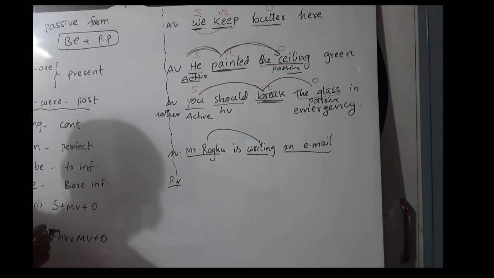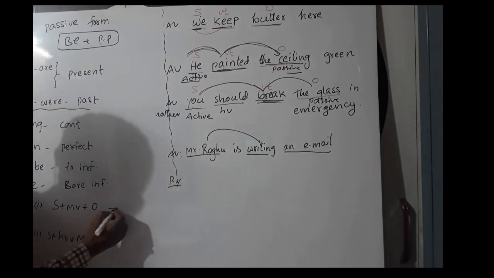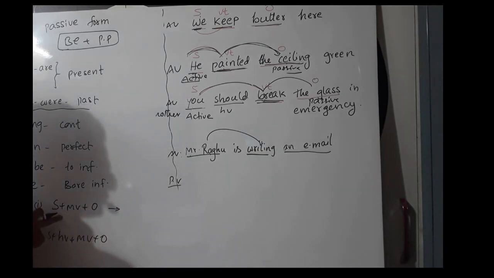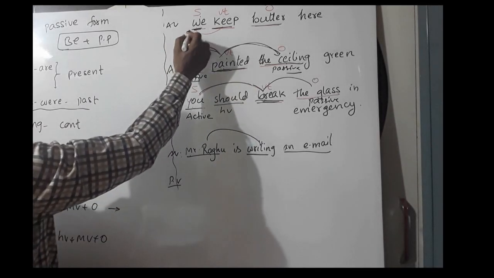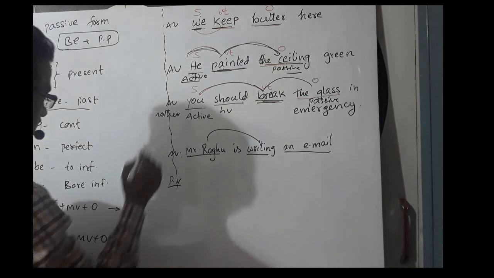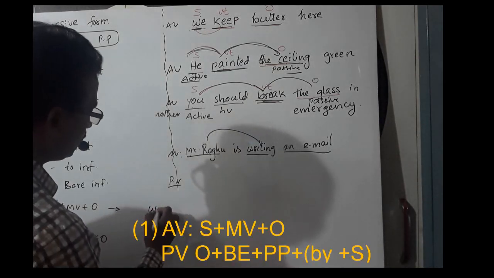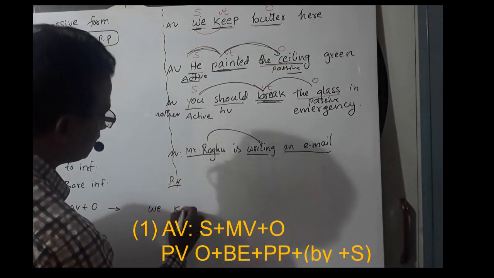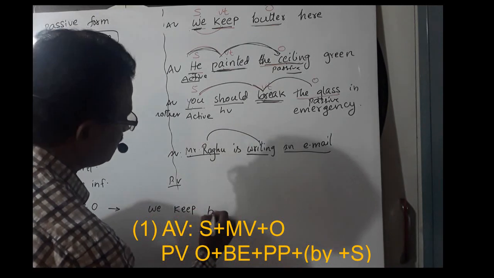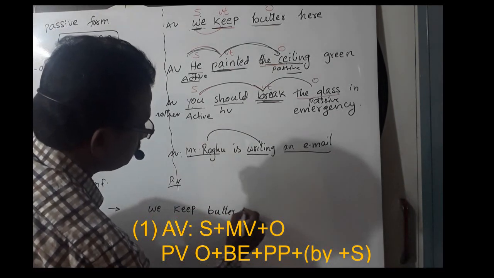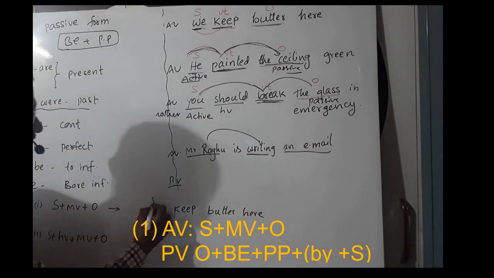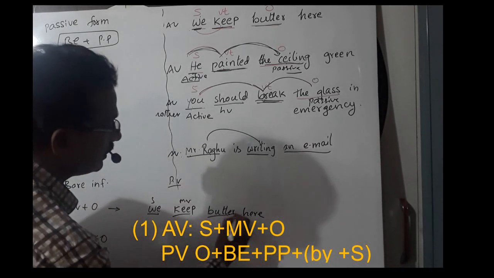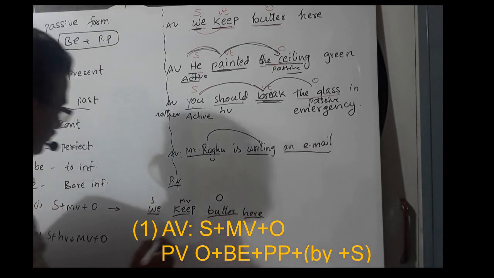Observe these two formulas. Formula 1, the active sentence, represents present or past: subject plus main verb plus object. That is, I am writing again this sentence: we keep butter here. This is an active sentence. Subject, main verb and object, extra information.